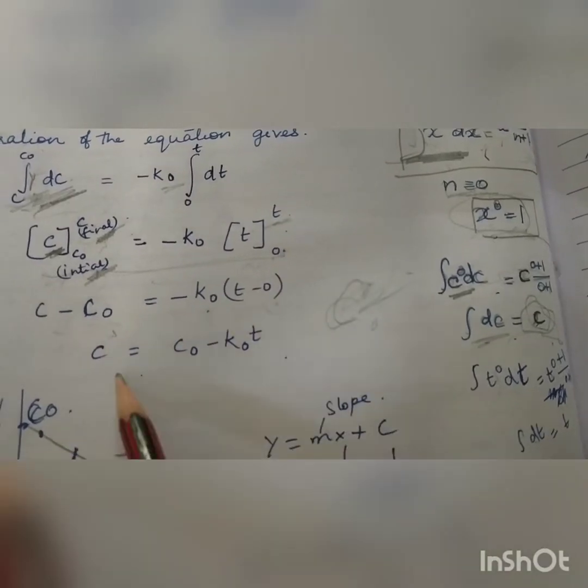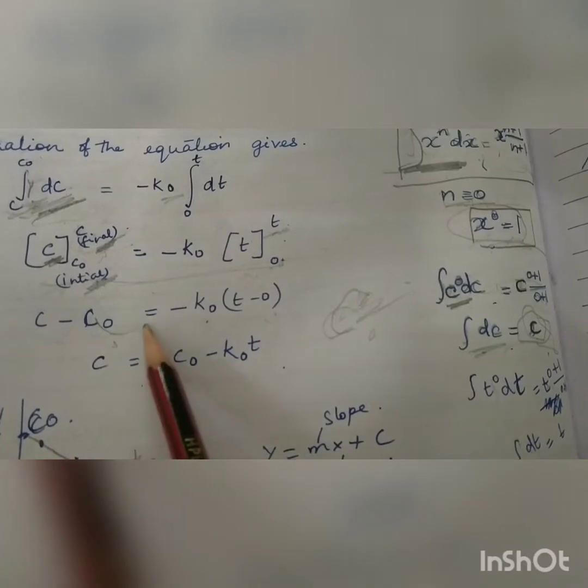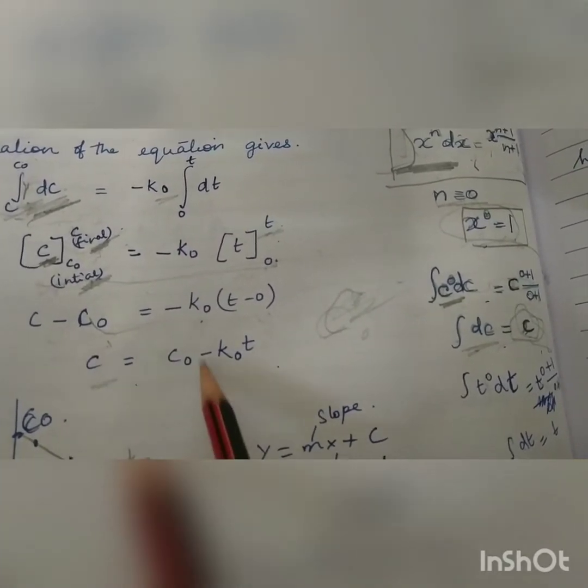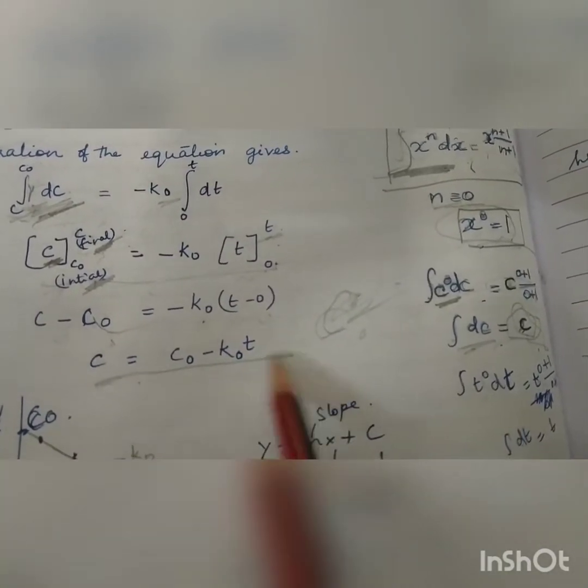The final minus initial. And we are just taking this c naught to the other side, so c is left alone on this side: c is equal to c naught minus k t, where t minus 0 is equal to t. So this is the equation.